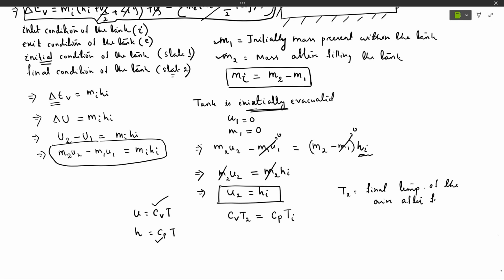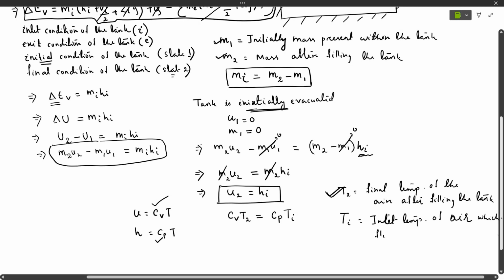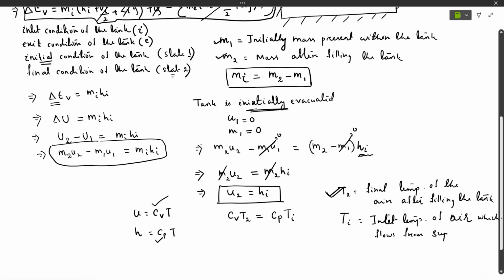This T2 we have to calculate here, and T_i is the initial temperature, or you can say the inlet temperature, of air which flows from the supply line to the tank.